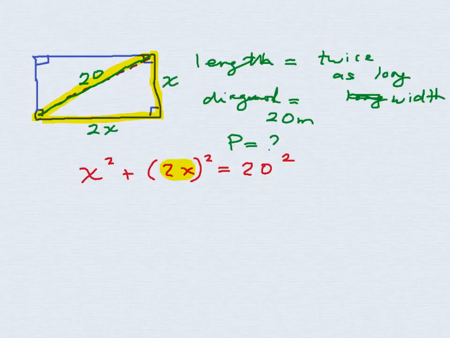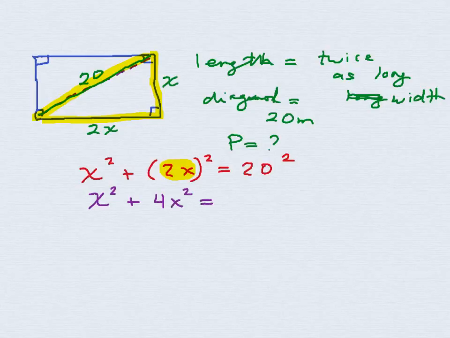With a 2, squaring a 2 is not hard. You get a 4. Squaring a 3, you get a 9. Squaring a 4, you get a 16. Squaring a 5, you get a 25, etc. So you must show the steps to get this right. X squared is x squared. 2x squared becomes 4x squared when you square it out.